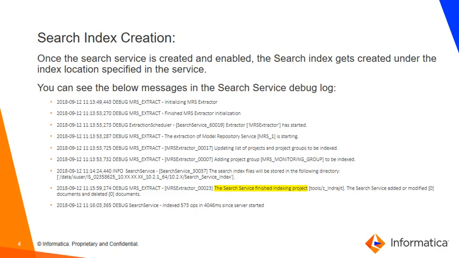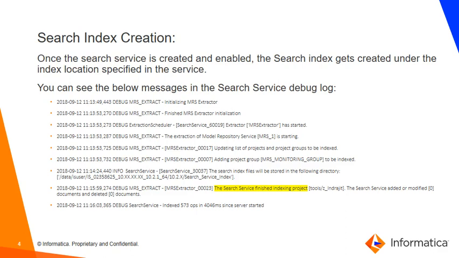The search service also doesn't depend on these services. It searches based on its own search index that gets created from the contents, as I've told you in the previous slide.